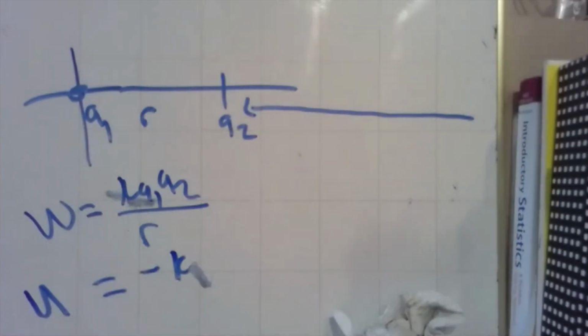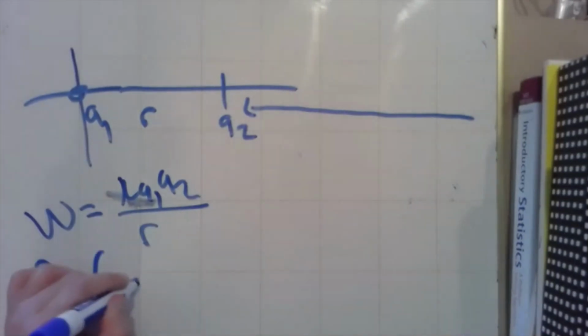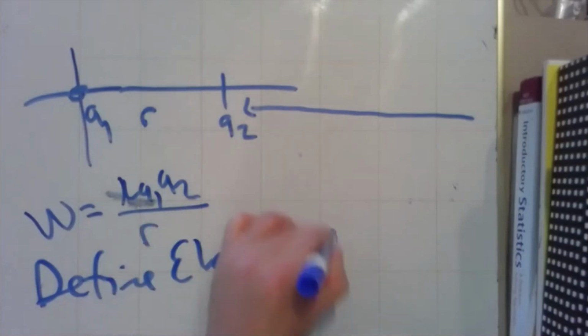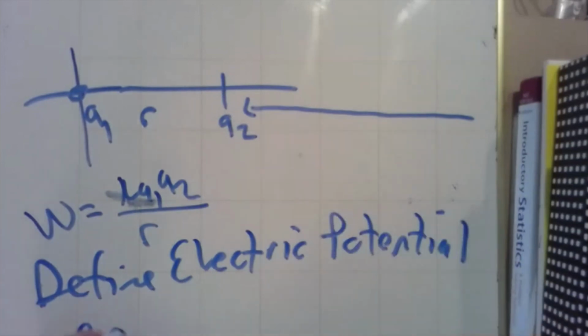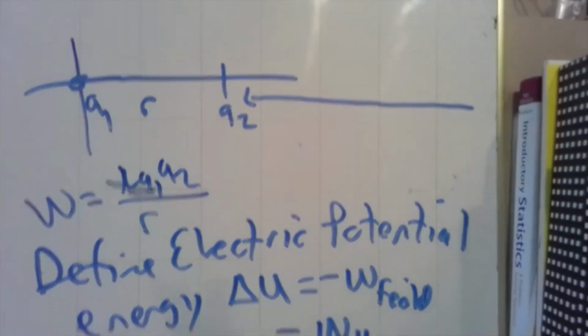No, I've got to correct myself here. The work the electric field did was the opposite of that. We define, I always want to get this negative backwards, we define electric potential energy as: change in U is the opposite of the work from the field, or equal to the work I did.